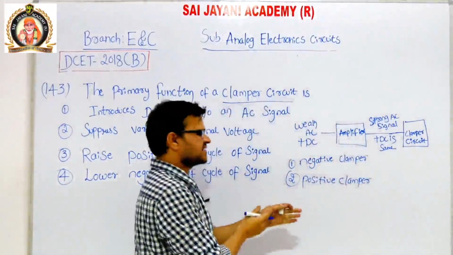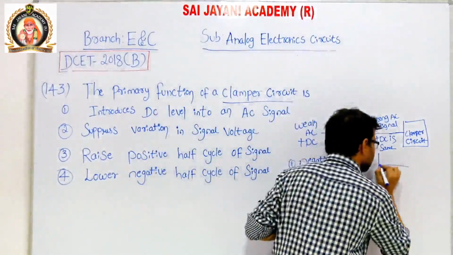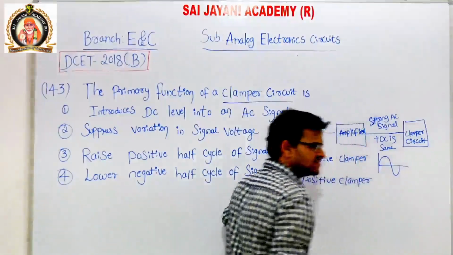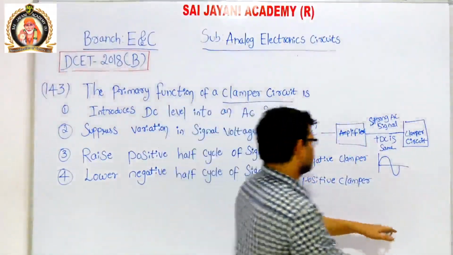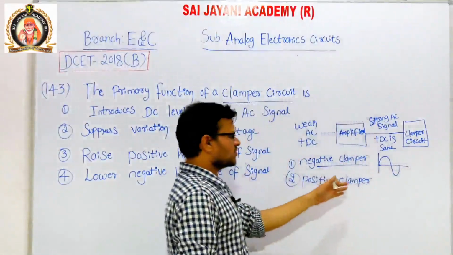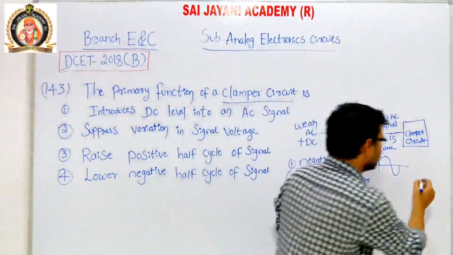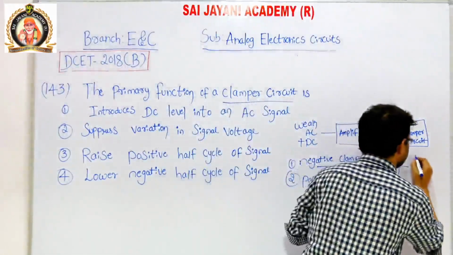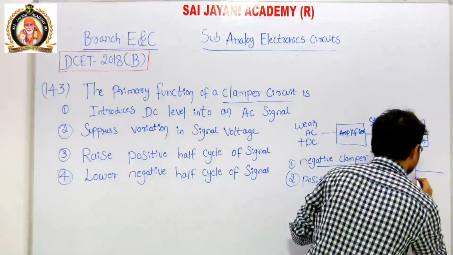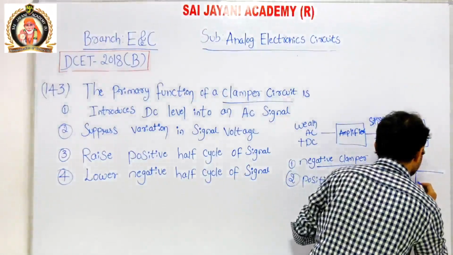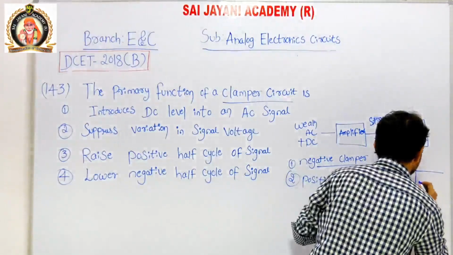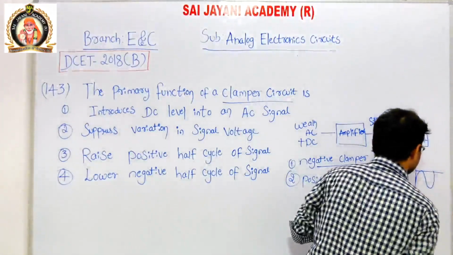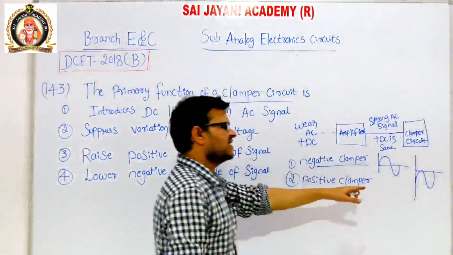In the negative clamper circuit, if we have an AC signal like this, at the output of the negative clamper circuit you get the signal like this.